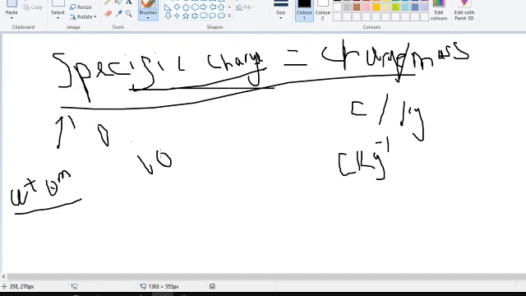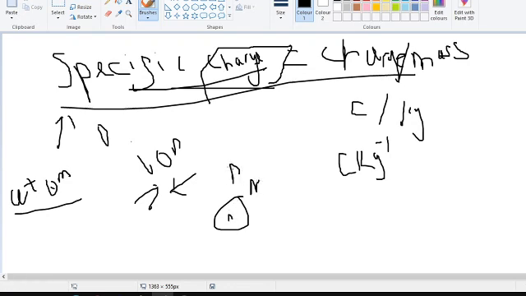Whereas ions, which have gained or lost electrons, will have a specific charge of plus or minus something, so you can calculate a specific charge for them. The nucleus only has protons and neutrons, and because there are no electrons to even out the charge, the specific charge of a nucleus will always involve protons.